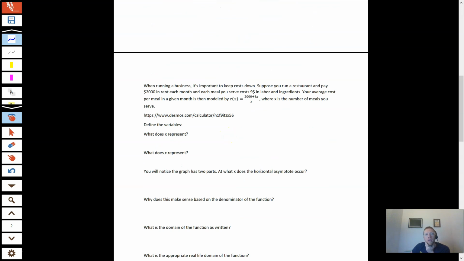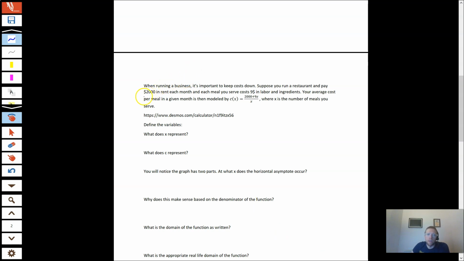So like I did on a recent quiz, I'm going to give you the graph on Desmos as just a link so you can open it up and we don't have to worry about making sure you type it in correctly. Okay? So the first thing you want to do is make sure you read it. We got through some of this at least in class, hopefully. So we're running a restaurant and we're trying to keep costs down.